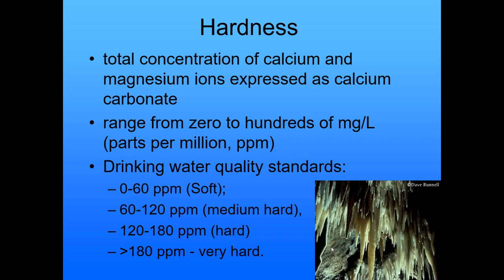We live in an area that has hard water, and one of the reasons, I know, is that we have limestone here, and the minerals from limestone tend to dissolve in the water. This is what causes the caves to show up. The water drips down the, which ones are the hanging ones?